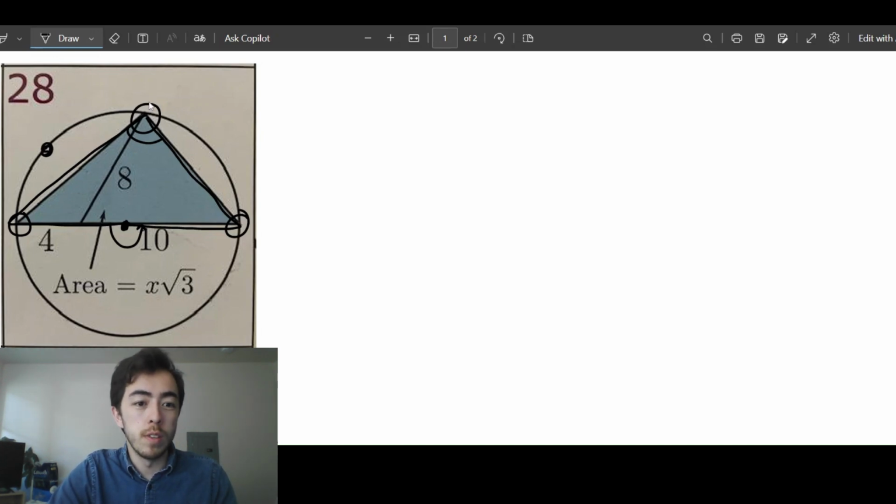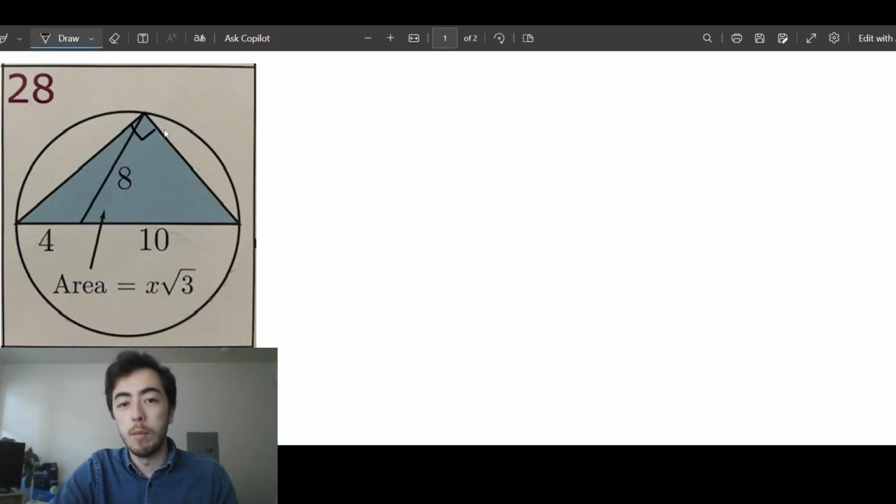Even if I moved this point over here and drew this triangle, this is always going to be a right angle, and I can back it up with the central angle theorem. So I'll mark a right angle right there. I'll also mark the center of the circle just so I have something to work with.